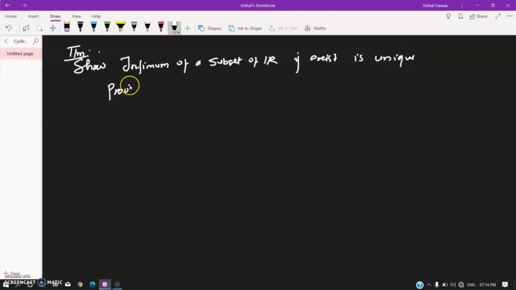Proof left. On similar lines you can prove it: you take two terms and show that they are both equal.